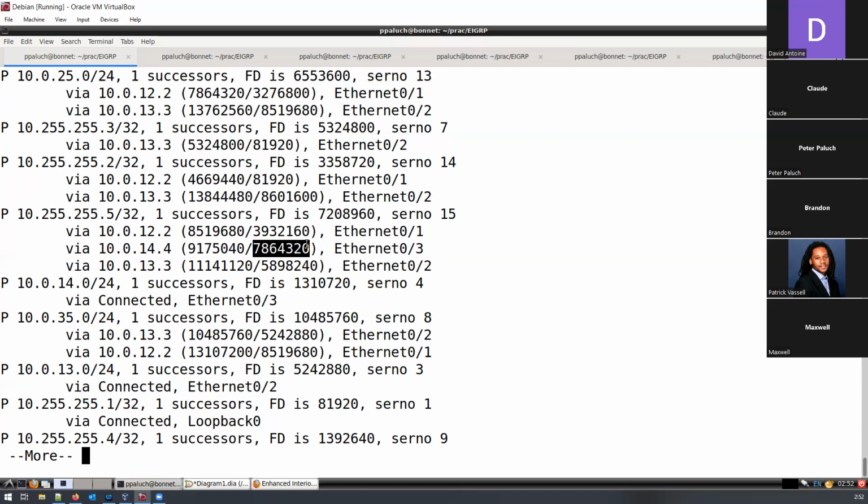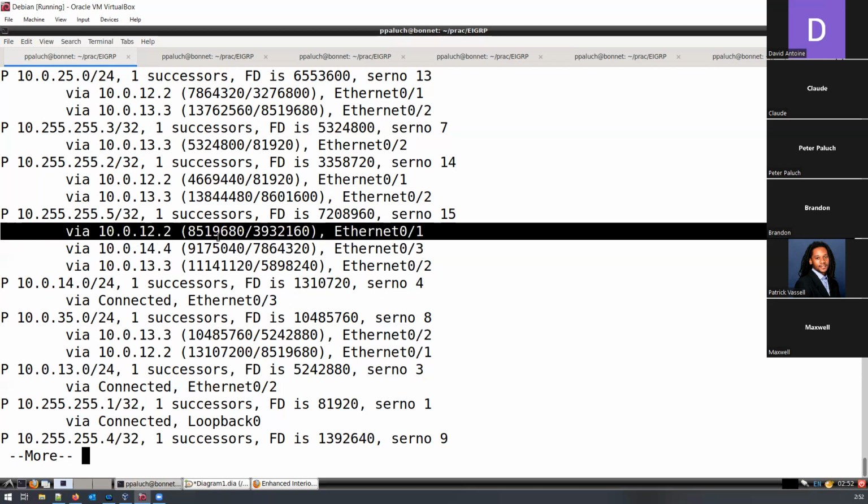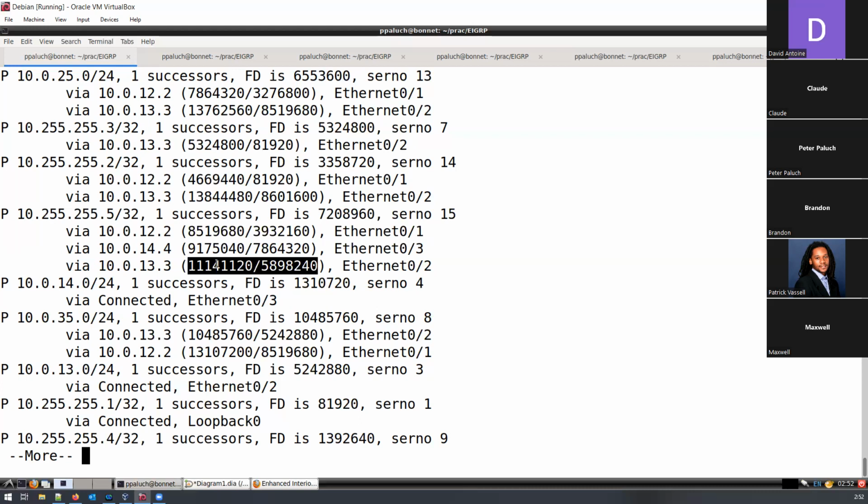And I'm not taking chances. EIGRP doesn't take chances. EIGRP is either 100% certain or it needs to ask. And that's what would happen here. If number 2 failed, we wouldn't go to 3 just because it meets the feasibility condition, because we have somebody here who can provide a shorter path, but about which we aren't certain.